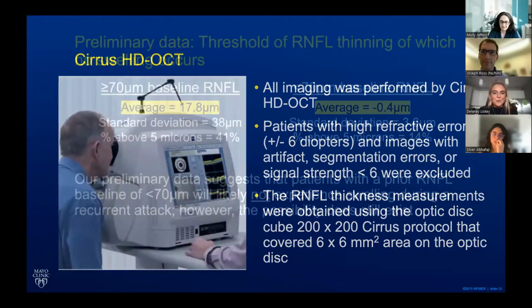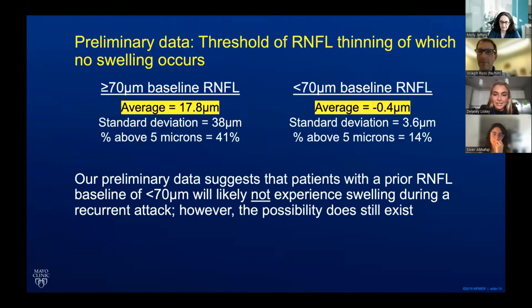Our preliminary findings suggest that patients with recurrent optic neuritis do not experience swelling if the prior baseline RNFL thickness was less than 70 microns. On the left-hand side, we can see that on average, patients experience about 17.8 microns of swelling if the prior baseline OCT RNFL thickness is 70 microns or greater.